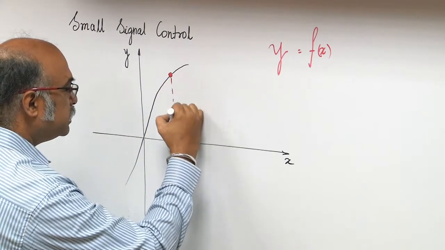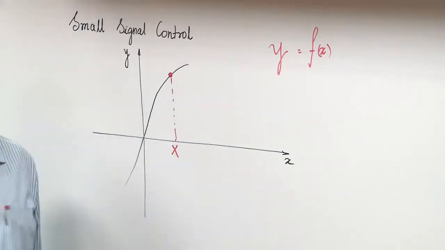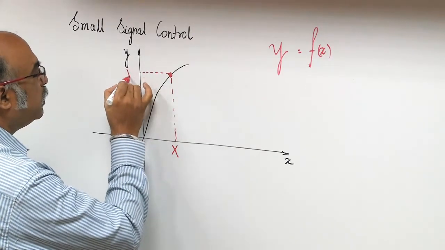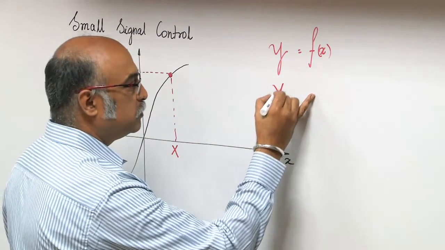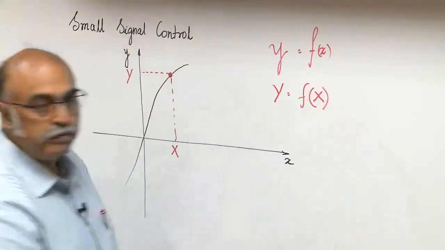And I will say this is the nominal operating point, I will say uppercase X, and this is the nominal output, uppercase Y. Y of course is f of x.